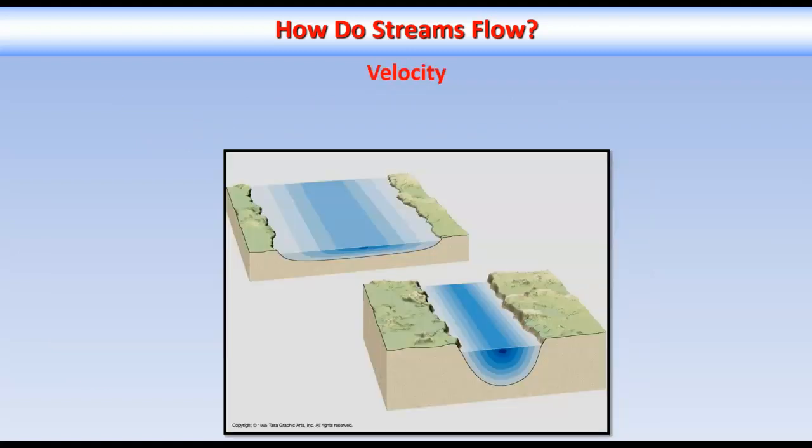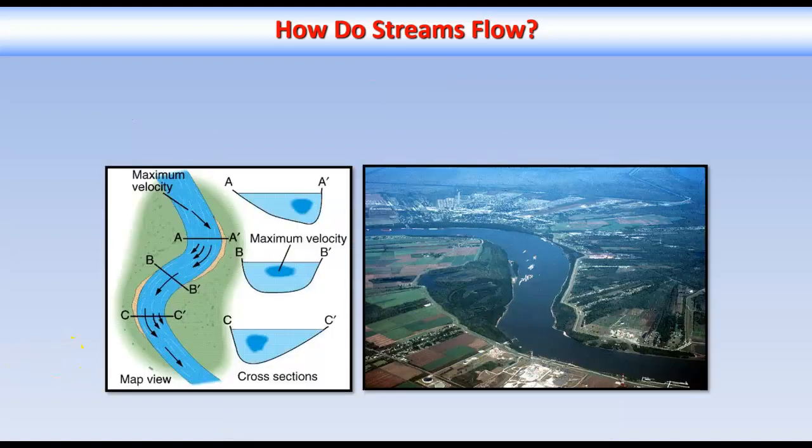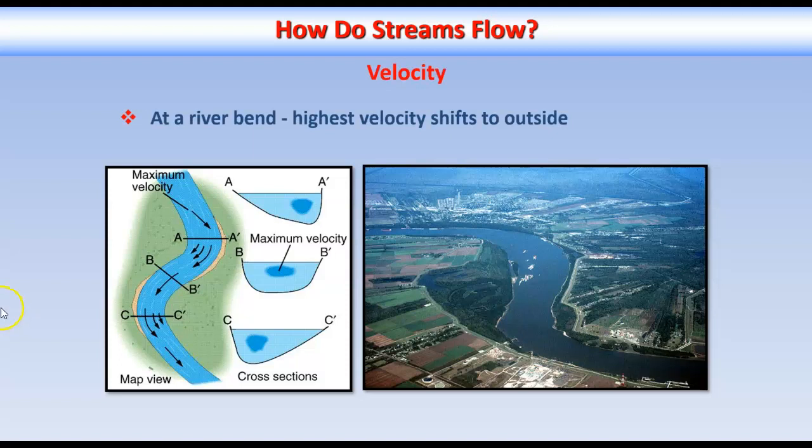And so if we look at where the velocities are in stream channels, if it's just a straight channel, the highest velocity is kind of in the middle toward the top because there's less friction. As we get closer to the edges, whether it's the sides or depth, there's some drag there and it slows down the velocity. But the interesting thing is what happens when we go around a curve. When we go around a curve, we move the maximum velocity around.